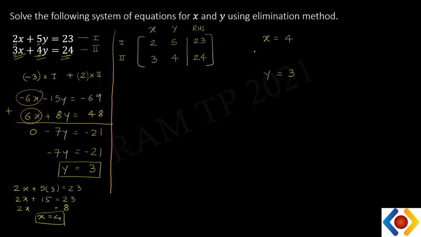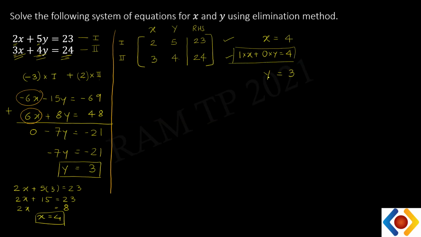Can I rewrite this as 1 times x plus 0 times y is equal to 4? Are these two things same? Yes, sir. 1 into x is x, 0 into y is 0. So these two things are same.